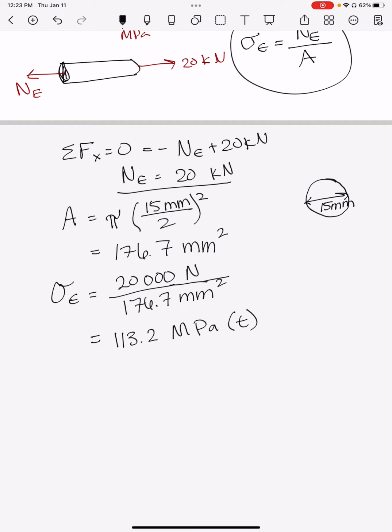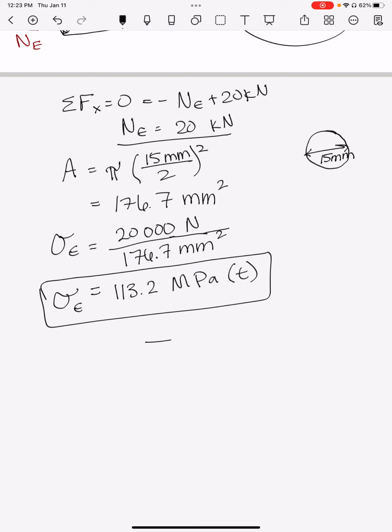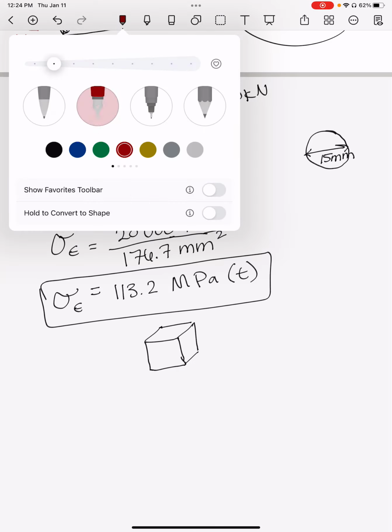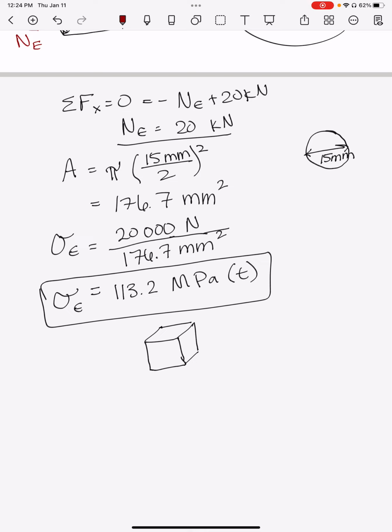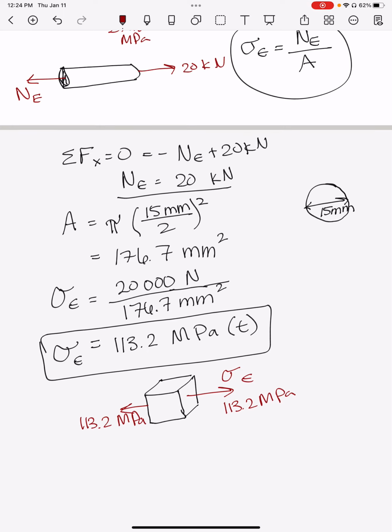That's in tension. Put a box around my answer, and then I'm going to draw my volume element. The stress at E is 113.2 megapascals. And that's it.